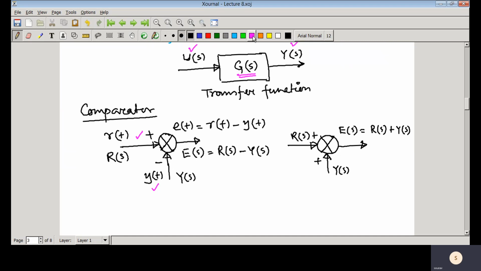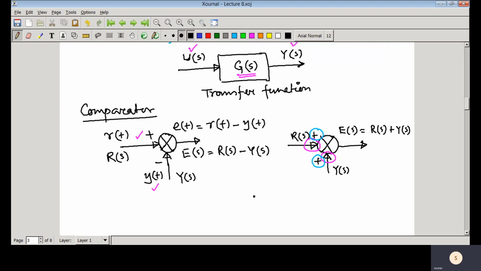So whenever you represent a comparator, the important thing is first you need to put the arrow, and another thing is you need to show whether it is plus or minus. These two things are important, and also you can take more than two signals.